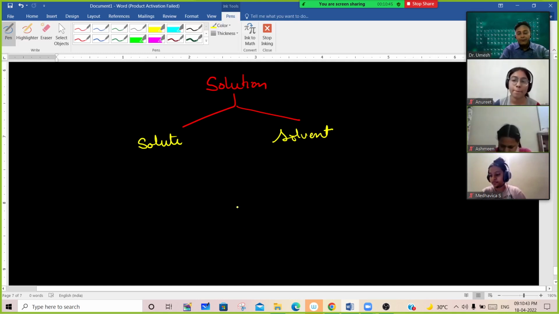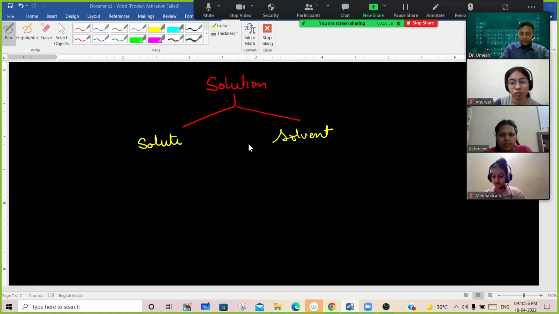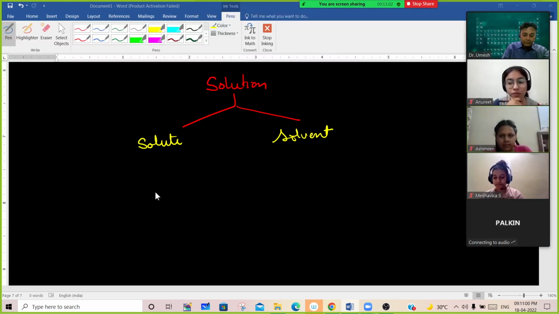What do you mean by the words solvent and solute? Solute is present in less quantity and solvent is present in more quantity. Okay. Quantity means what? Quantity of component. In terms of weight, in terms of volume, in terms of moles, what?